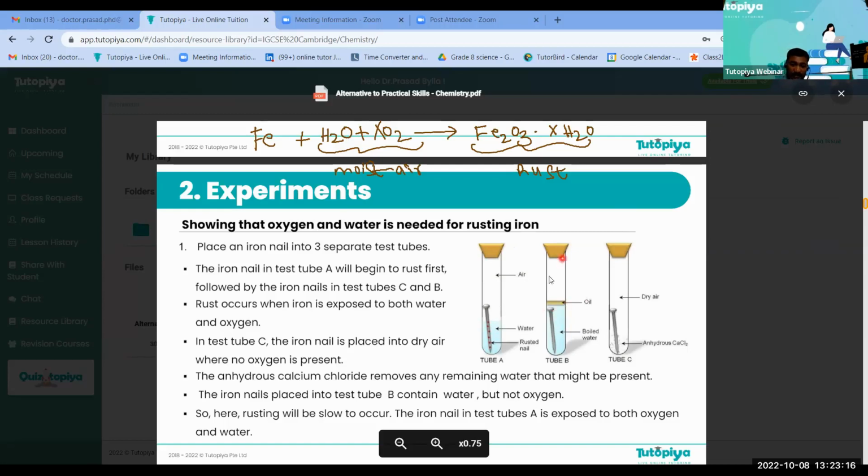And then I add some oil onto the top, because the oil will seal the top layer. It blocks the entry of oxygen. So you have only water, no oxygen. And in the third test tube, I take anhydrous calcium chloride. Anhydrous calcium chloride is a hygroscopic salt. Hygroscopic salt means which absorbs moisture. Calcium chloride is the best hygroscopic salt.